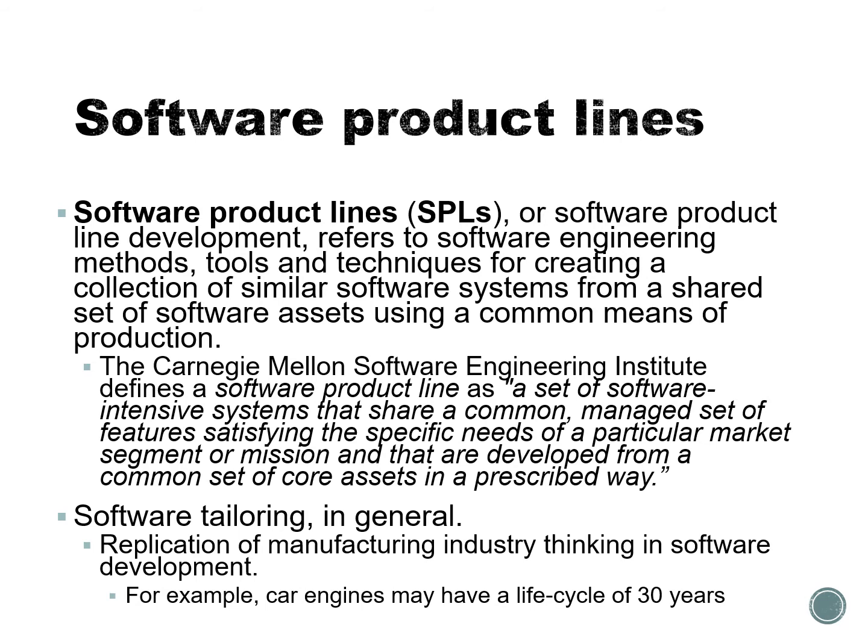And in general, this is meant to be a sort of a manufacturing industry thinking in software development. Because, for example, in the car industry, which is the analog I used just recently, the car engine designs have life cycle of 30 years. For example, the Renault engine, developed in the early 60s, was in production until the year 2000.